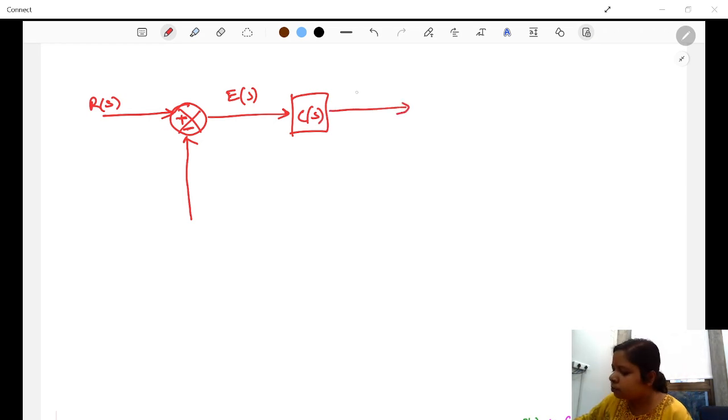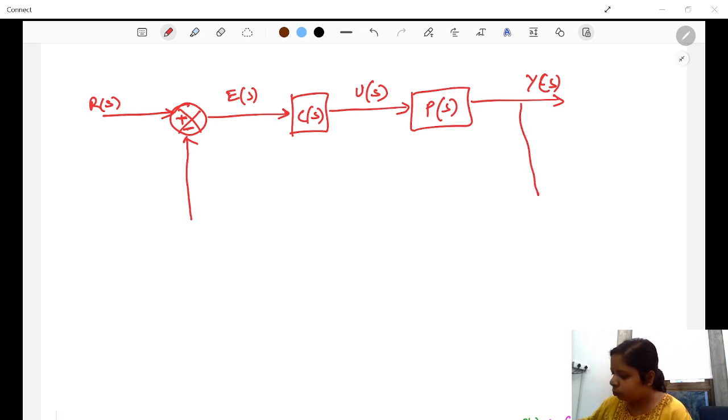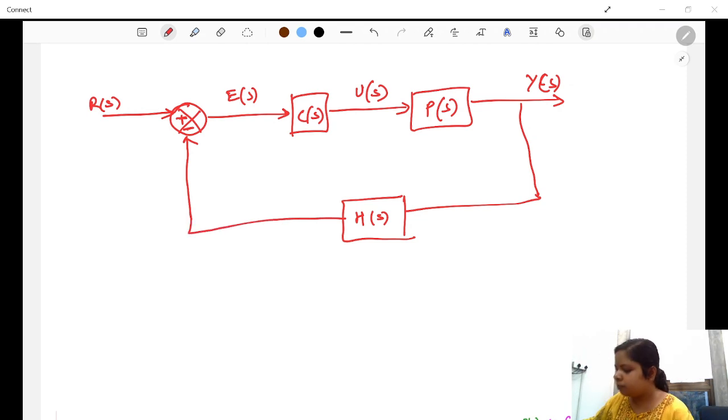The controller gives me some control input that is processed by the plant or the system, and then you get the output. You take the output, you multiply it with some gain, and then you pass it here. So here it is a negative sign, that means it is negative feedback.